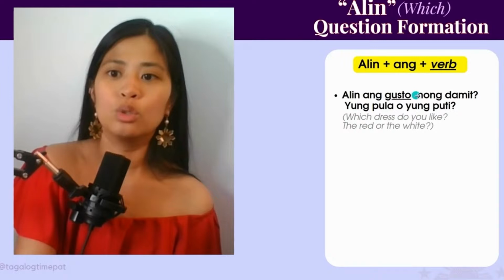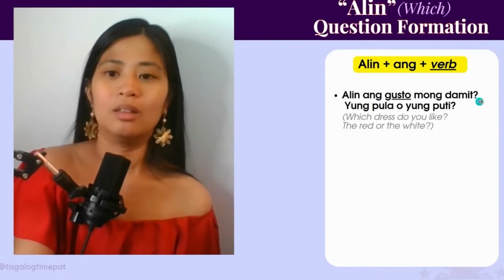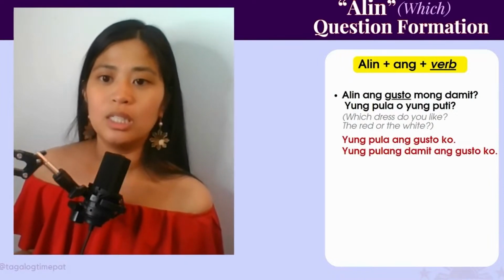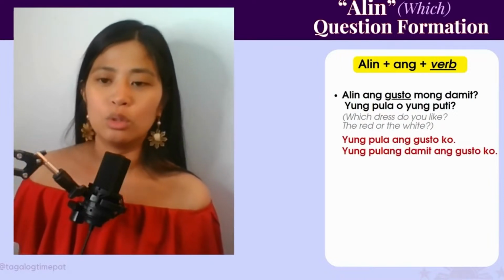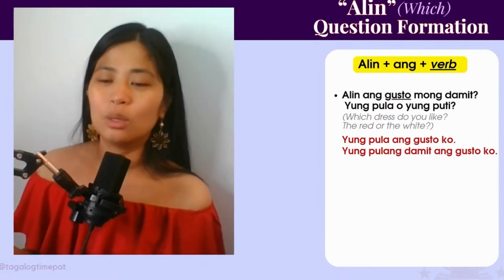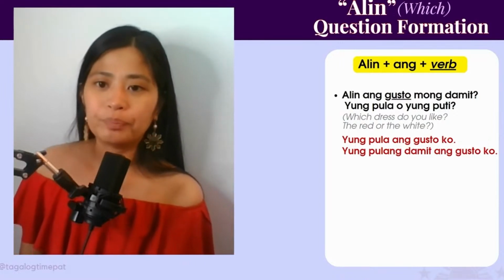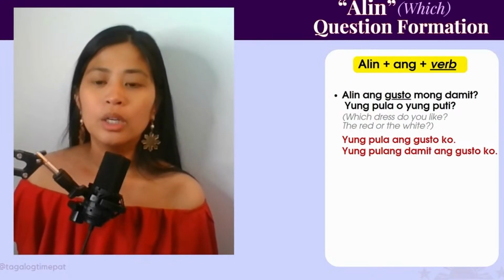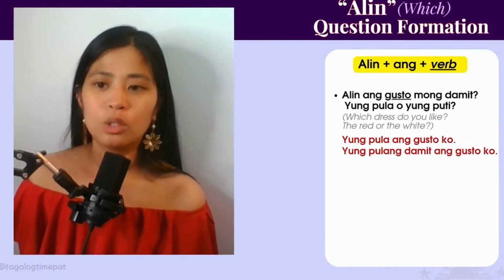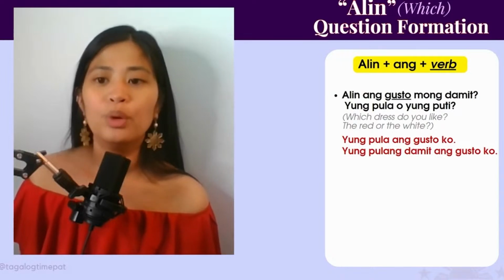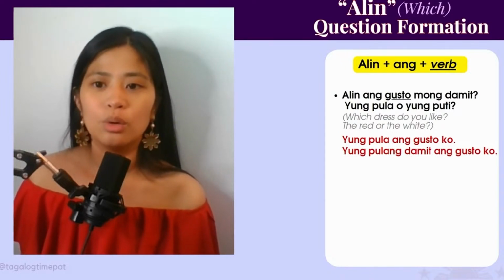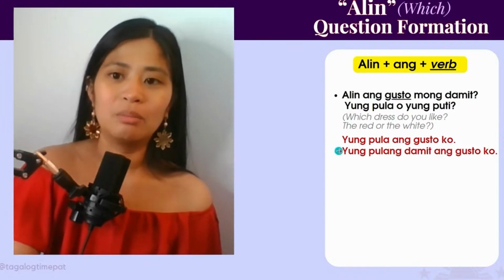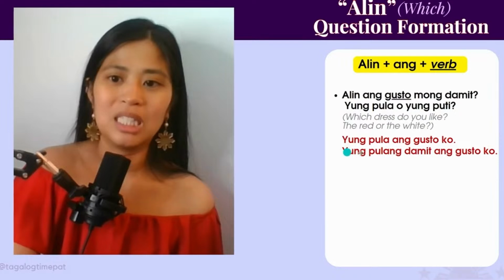Alin ang gusto mong damit? Your response would just be one of the choices. Yung pula ang gusto ko. The red is the one I like. I like the red one. Or, yung pulang damit ang gusto ko. If you want to be specific, yung pulang damit ang gusto ko. So, yung pula means the red one. Yung pulang damit means the red dress, specifically.